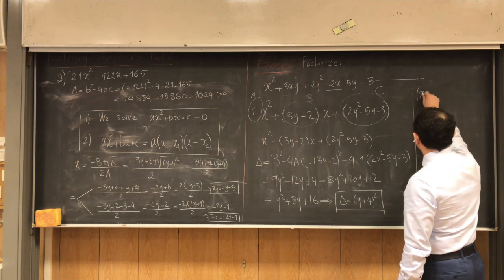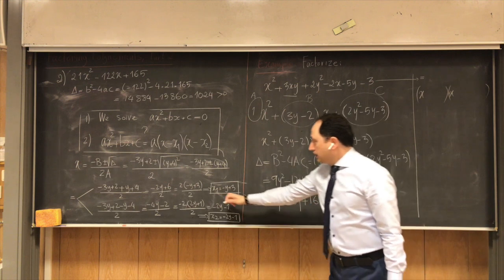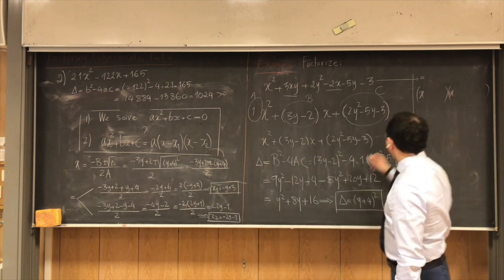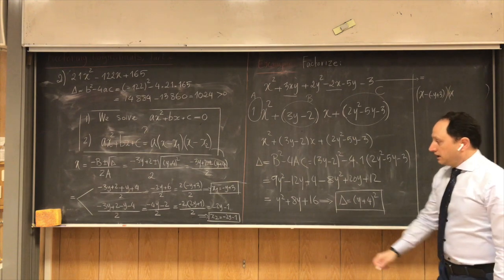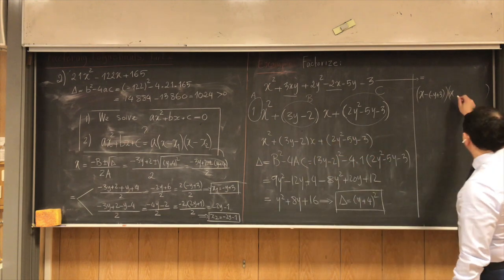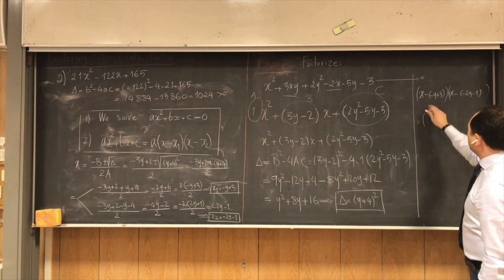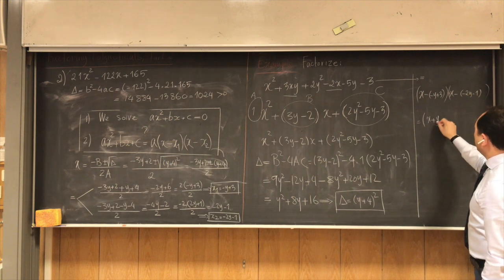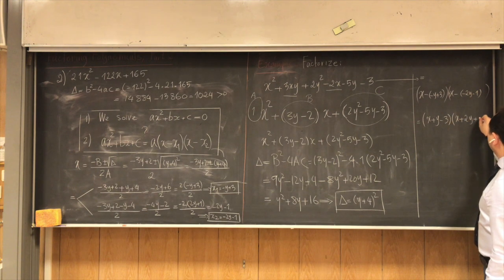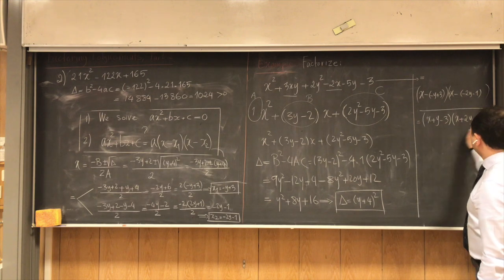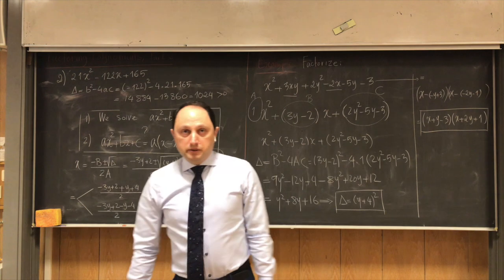And then I have x here, x there, and then minus x1, so it becomes minus y plus 3, and then minus 2y minus 1. But we can simplify that. So it becomes x plus y minus 3, and then it becomes x plus 2y plus 1. So that is the factorization of that polynomial. Yes?